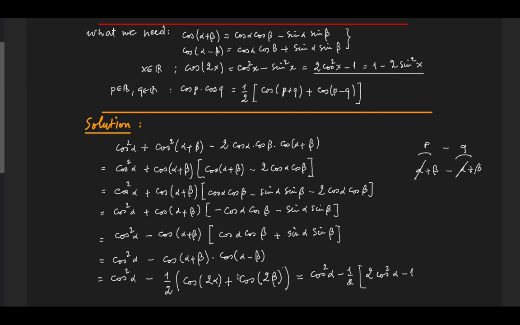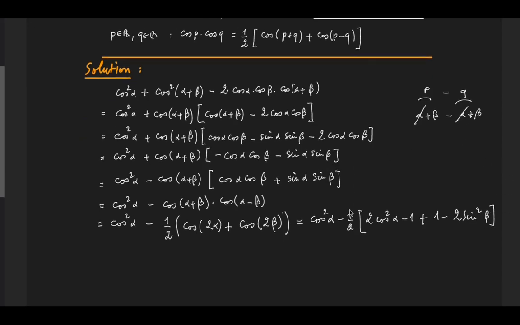So cos 2 beta is equal to 1 minus 2 sine squared beta, because we need the sine squared beta. The result should be equal exactly to sine squared beta. We distribute the minus 1/2. First we have minus 1 plus 1, which will cancel out. Then we have cos squared alpha.